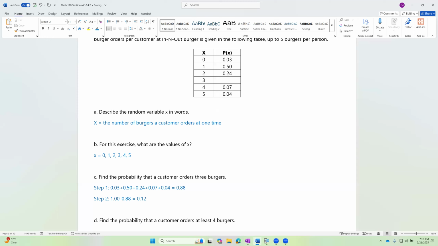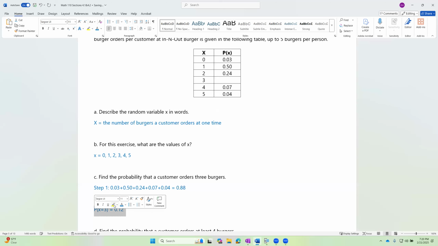So that's our missing probability for 3 burgers. For our final answer, the probability of X equals 3 just equals 0.12. And that's our answer.